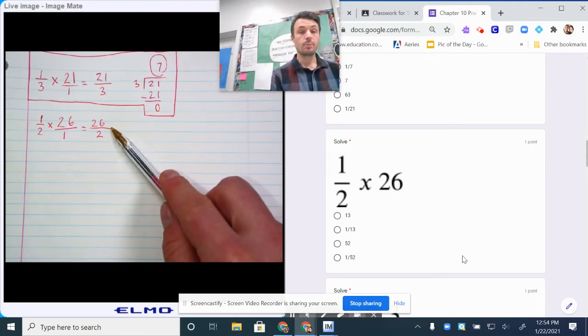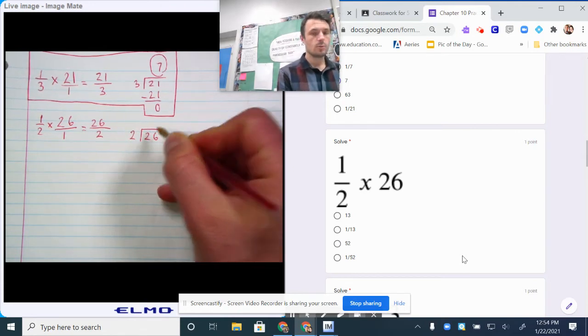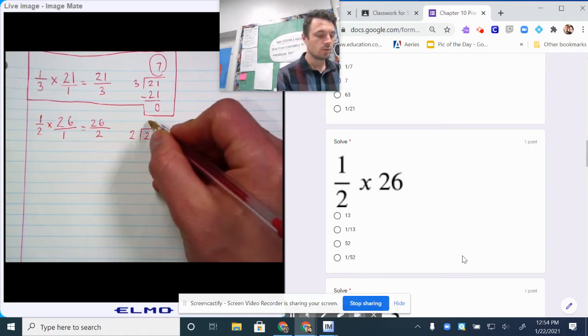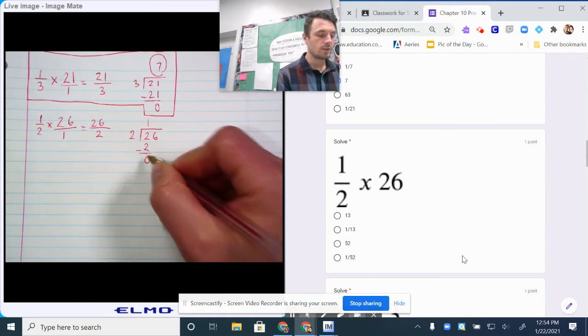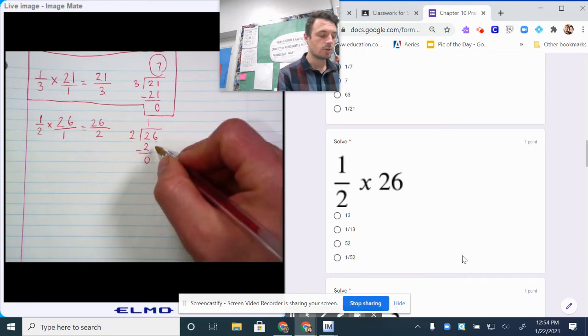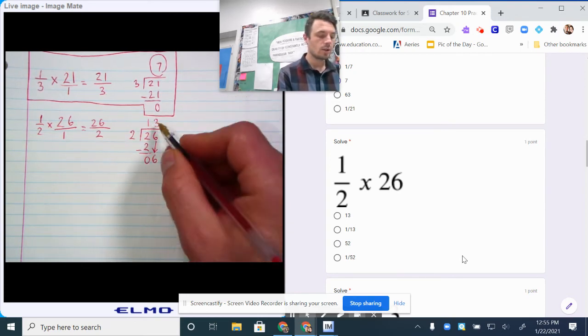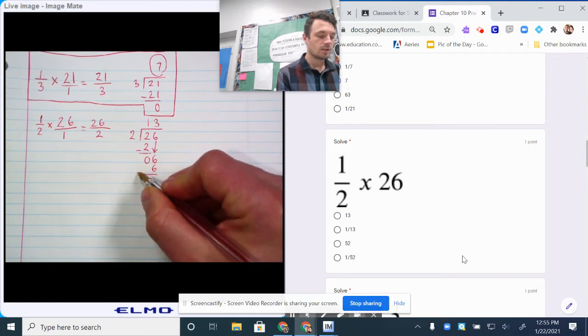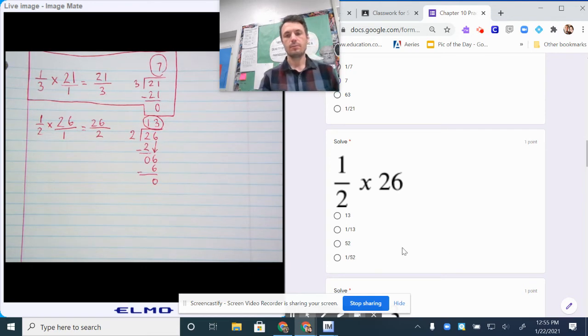Now, this is an improper fraction, so we have to divide the denominator into the numerator. 2 can fit into 2 one time. 1 times 2 is 2. 2 minus 2 is 0. 0 is smaller than 2. Now we bring down the 6. 2 can fit into 6 3 times. 3 times 2 is 6. 6 minus 6 is 0. So the answer is 13.